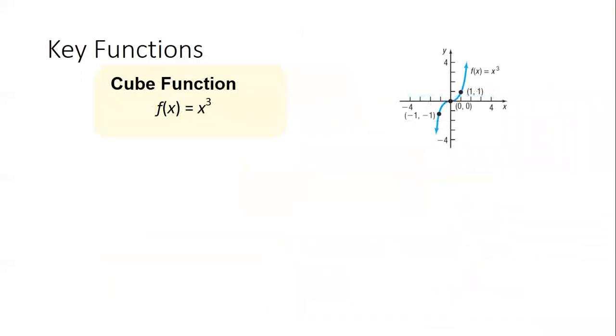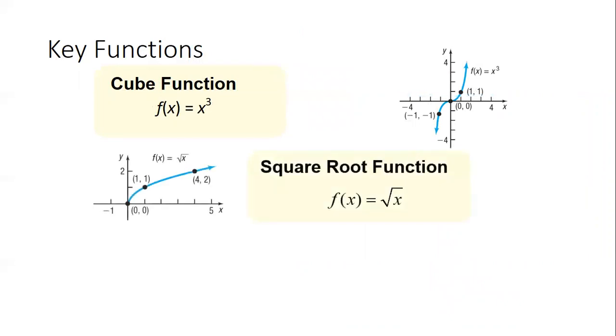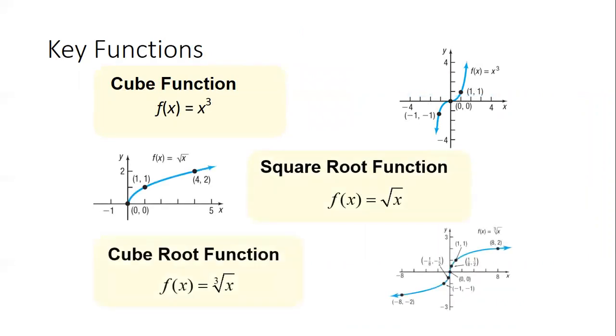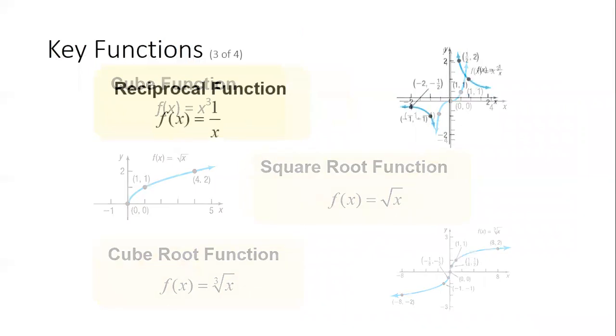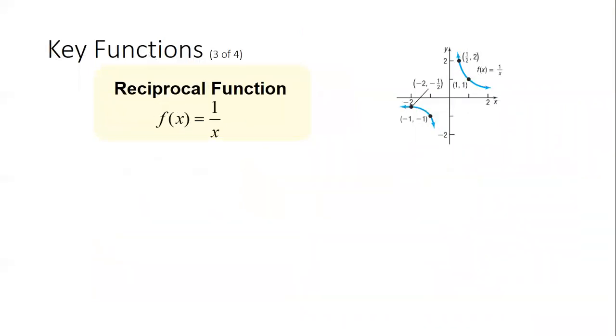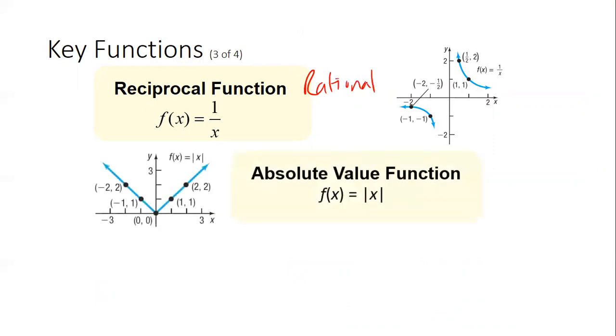You have your cube function, your square root function, your cube root function, your reciprocal, also known as your rational, and absolute value function. All of these should look and sound very much familiar to you.